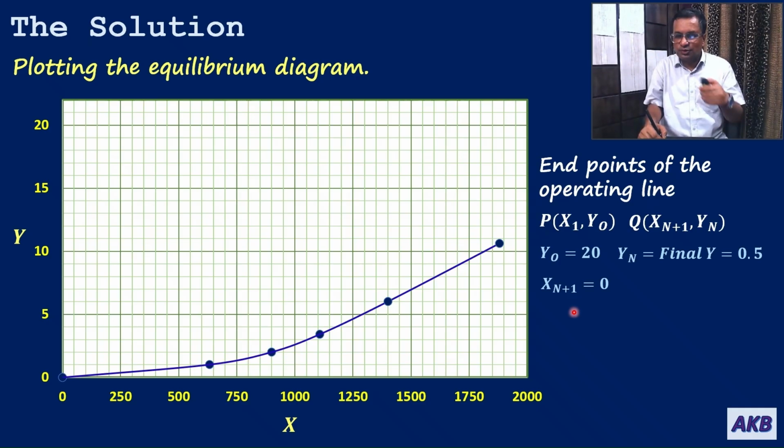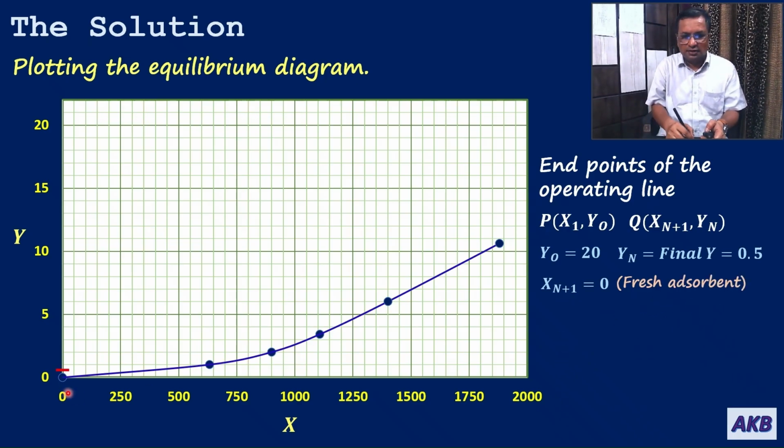And since we are using fresh adsorbent, Xn plus 1 is 0. So you can locate final Y, Yn over here, 0.5. And then you can locate Y0 at Y is equal to 20.